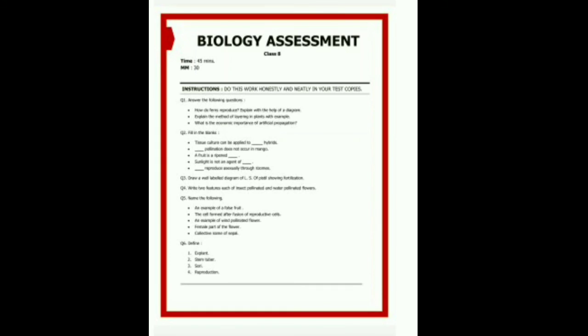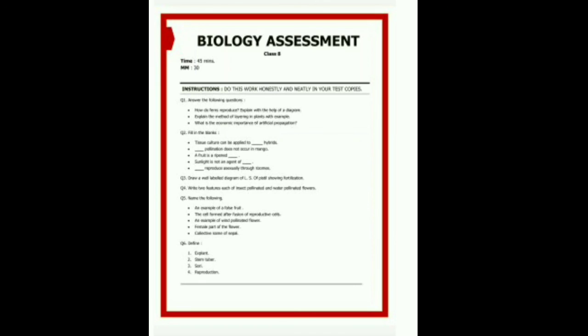Next is define explant. What is an explant? That is, in tissue culture technique, a tiny piece of bud, shoot or any other part of the plant is taken. This tiny piece is called the explant. Next is stem tuber.